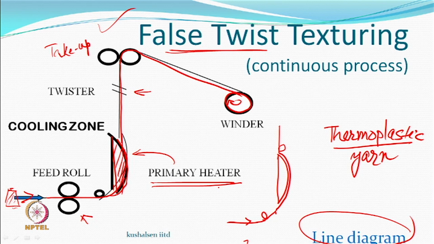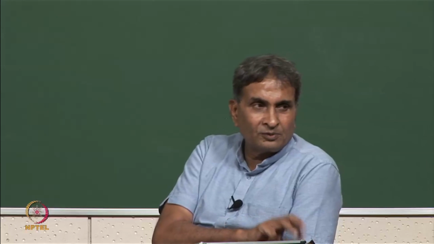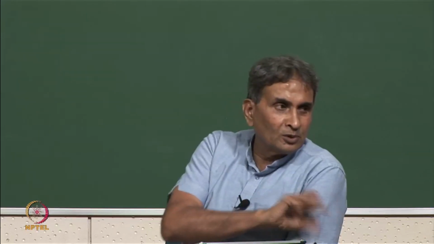And not just the heater, but you also have what I call a cooling zone. So, setting in a thermoplastic yarn, there is a heating process and there is a stabilization process which we call as probably can come through cooling.